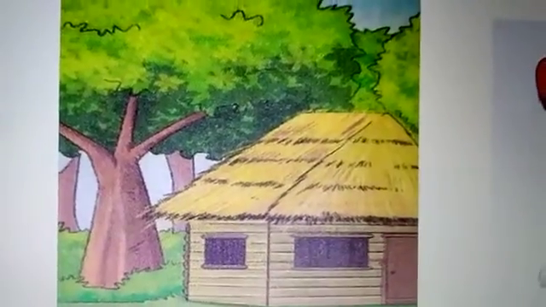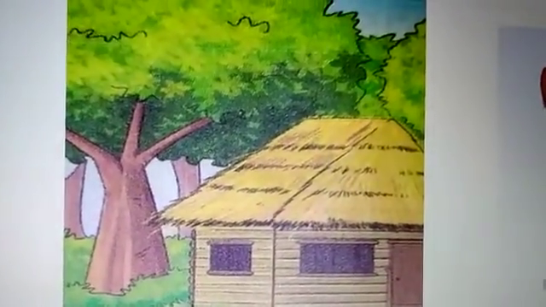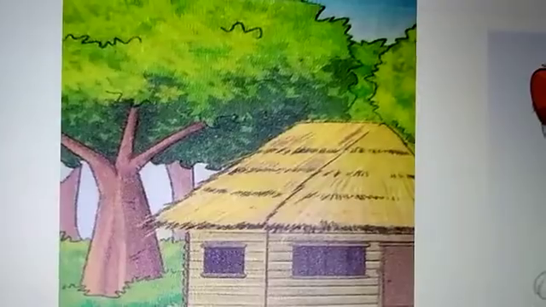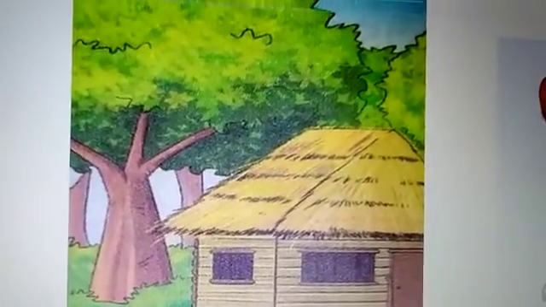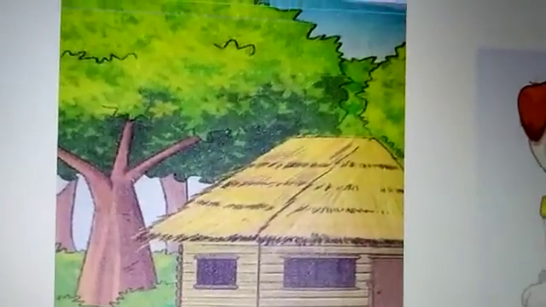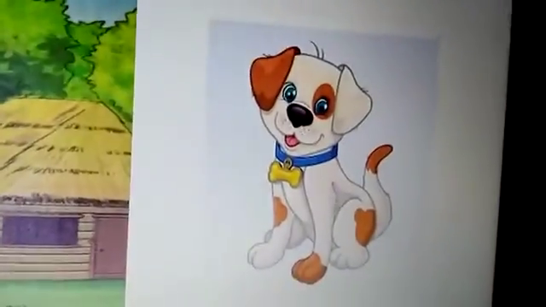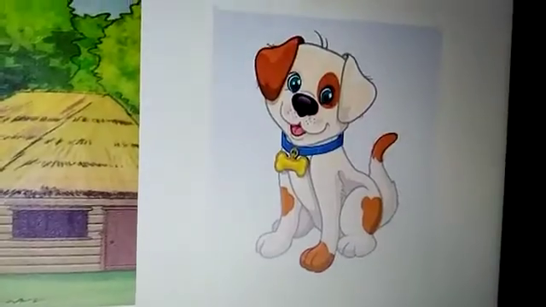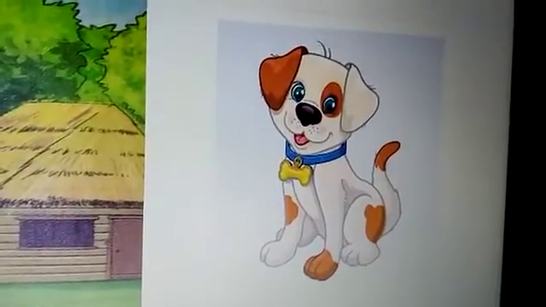Now, the next time, he used his pocket, and he again moved to his grandmother's house, and here is a dog and here is a puppy. Puppy is a baby of a dog.